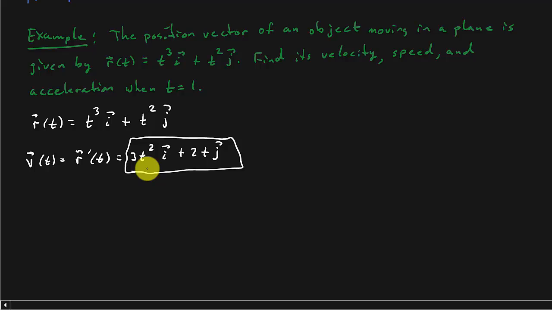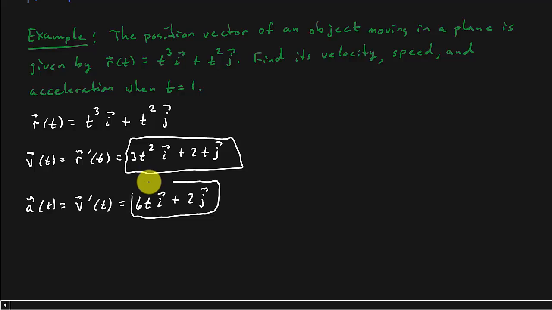And let's just go ahead and find the acceleration vector. So the acceleration vector is equal to the derivative of the velocity vector. So we're going to take the derivative of this one. So that's 6t times vector i plus 2 times vector j. And there's your acceleration vector.